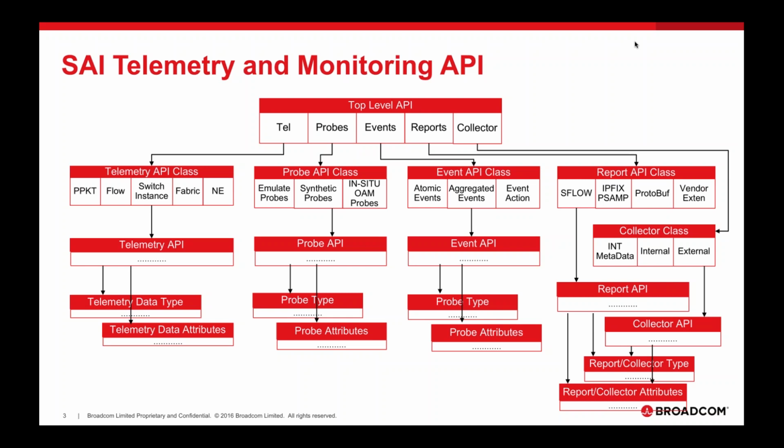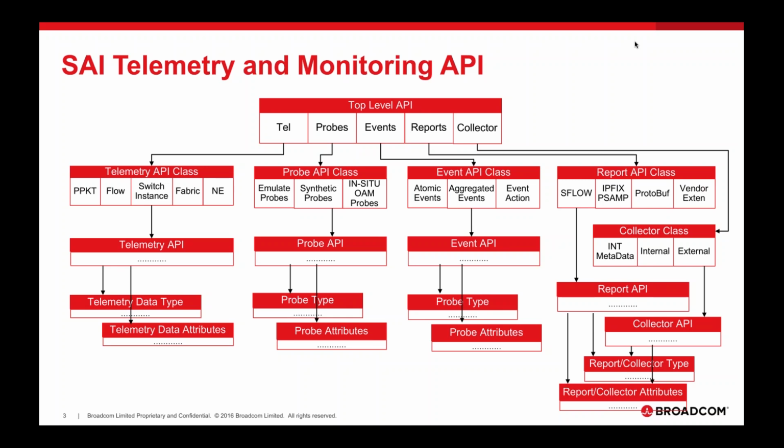Can I send that data into IPFIX or S-flow format? That's my other option. Or if the data itself is very fungible and cannot be qualified in the switch silicon, then do I send it out as protobuf packets? That's what this class defines.